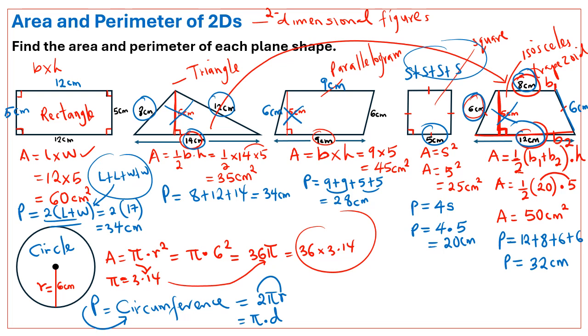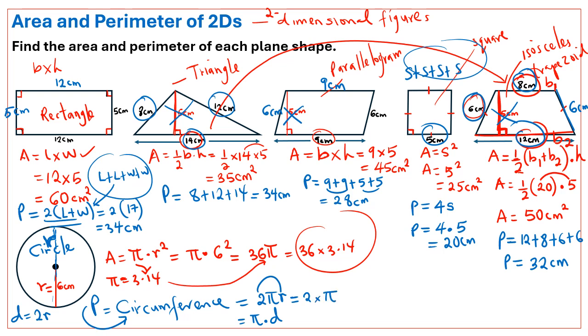Okay, so diameter is equal to 2 times the radius, because the diameter is a straight line that cuts the circle in half. So which means the radius here plus another radius over there is 2r. So if we wanted, we could have used pi times d, but we will use 2 pi r because we have the radius instead. So it will be 2 times pi.